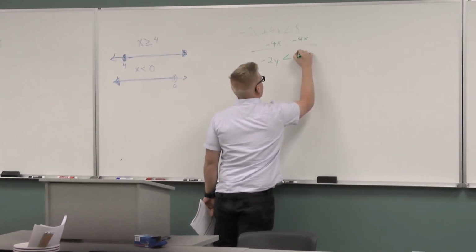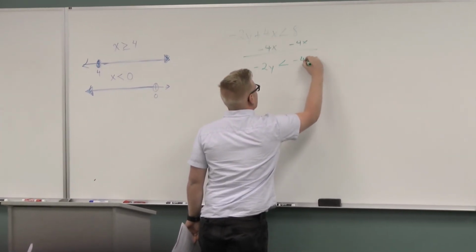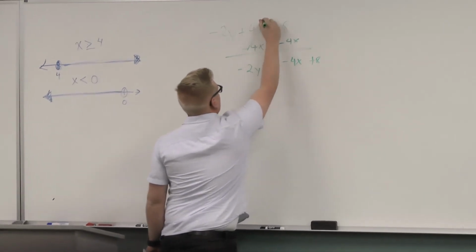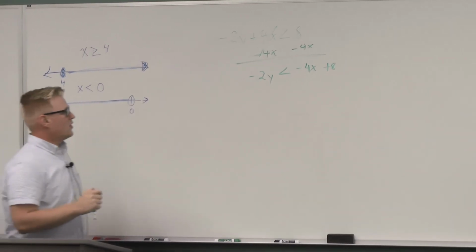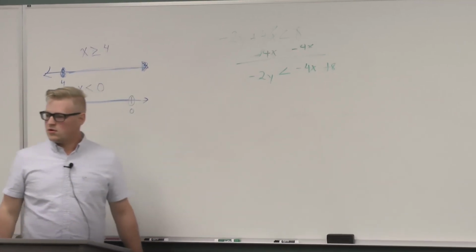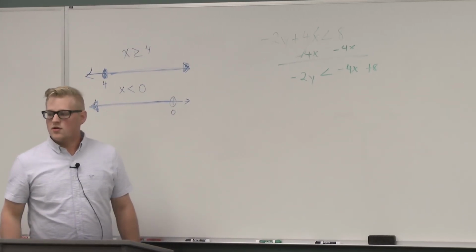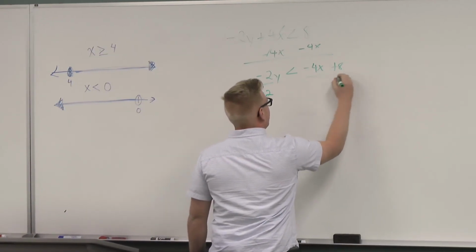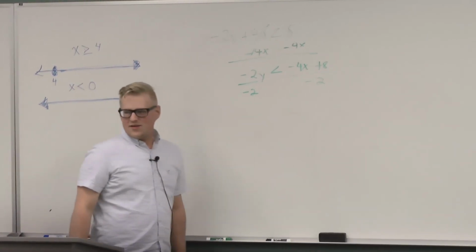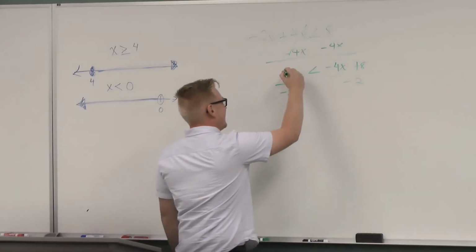Okay, so I'm going to end up getting this. Does everybody agree with that so far? Yes. Okay, so now what do I do? Divide by negative. Right. So somebody tell me what happens when we divide by a negative. There you go.